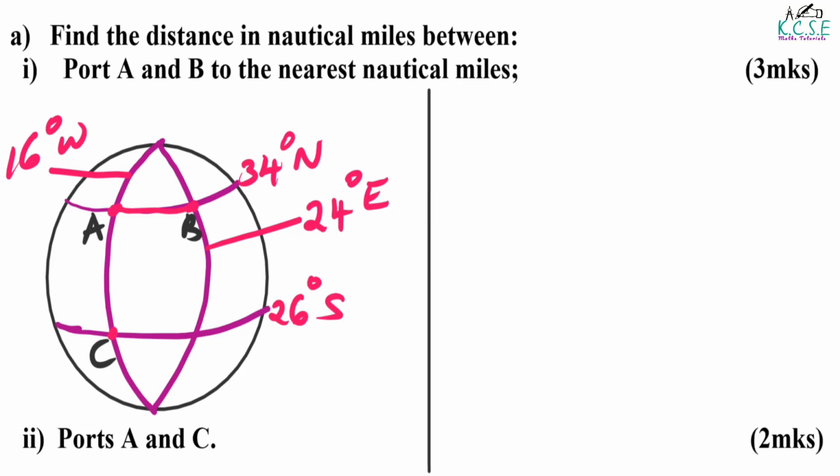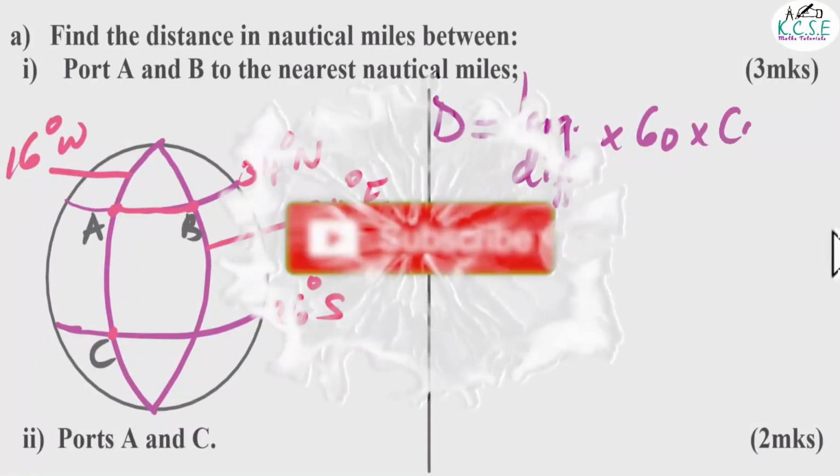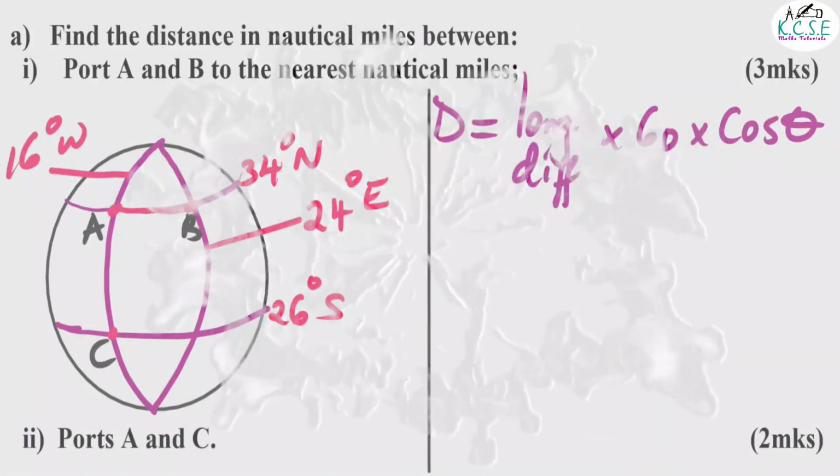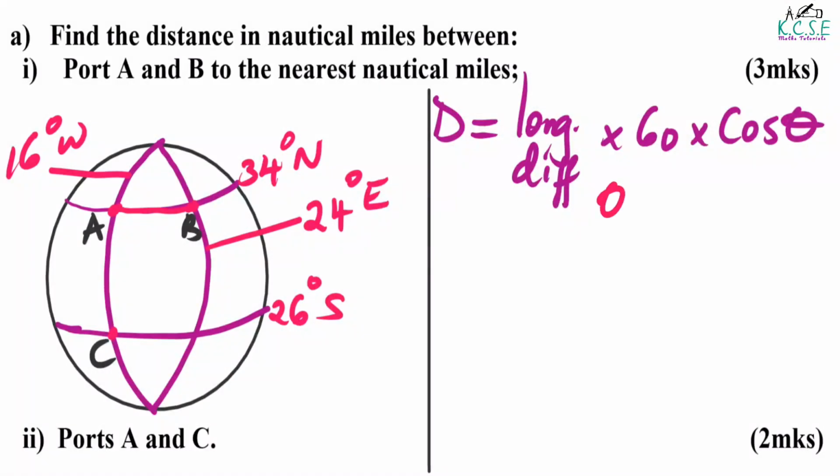So we need the formula for the distance along a circle of latitude in nautical miles. The distance will be obtained by the longitude difference times 60 times cosine of theta, where theta is the latitude angle.